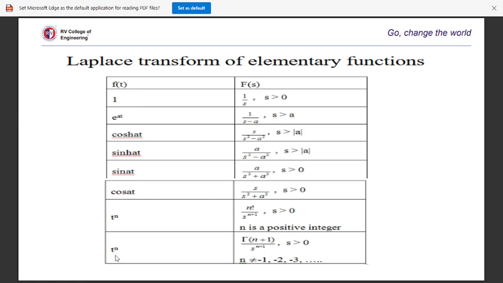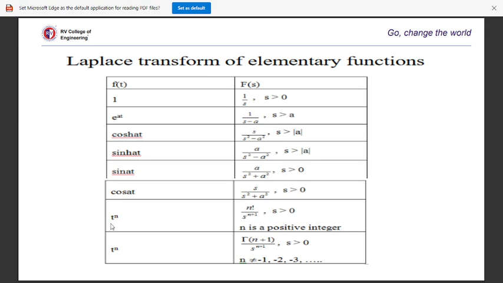Finally, the Laplace transform of the polynomial function t power n is gamma of n plus 1 by s power n plus 1 with the region of convergence s greater than 0, and which is not defined for negative integers. Suppose there is a particular case: if you take n as any positive integer, then gamma of n plus 1 becomes n factorial.